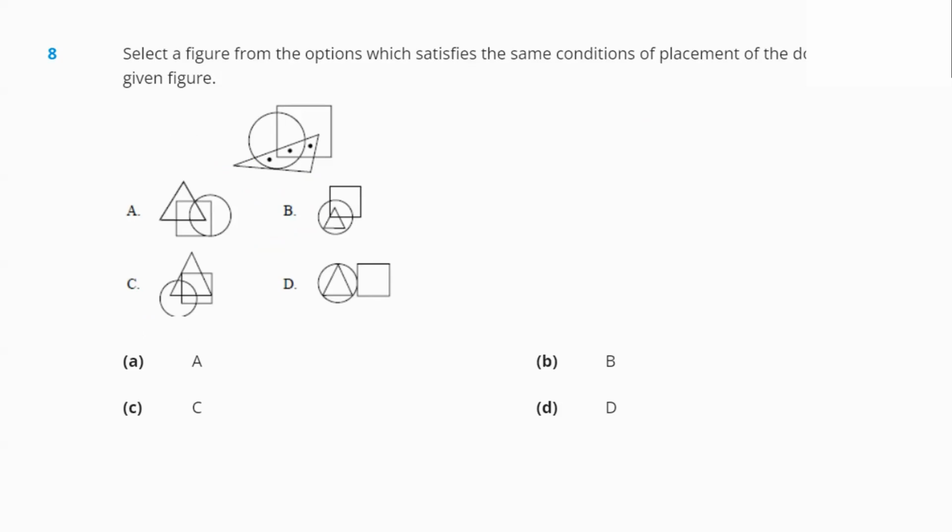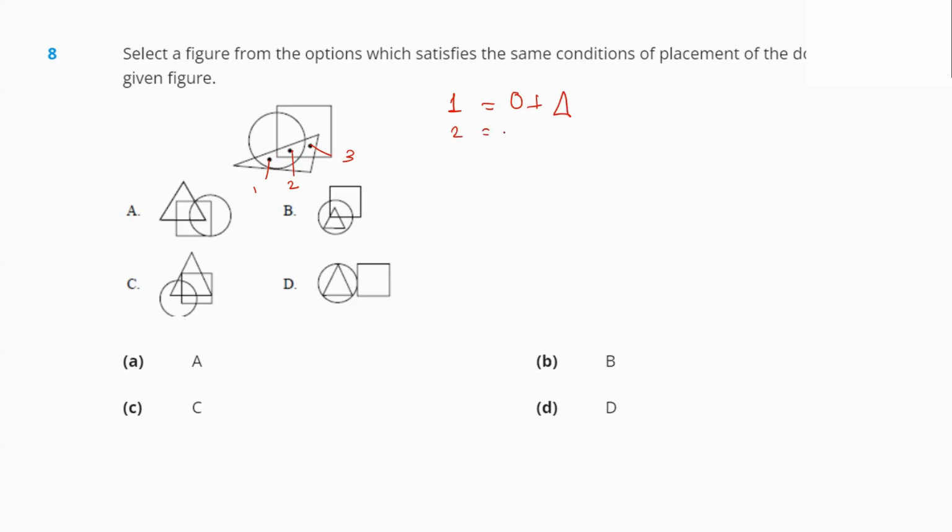Moving on to the next question. Select a figure from the options which satisfies the same condition of placement of dot as in a given figure. So we can see in the first diagram, let this be dot 1, this be dot 2, and this be dot 3. In dot 1, there is a circle and a triangle.